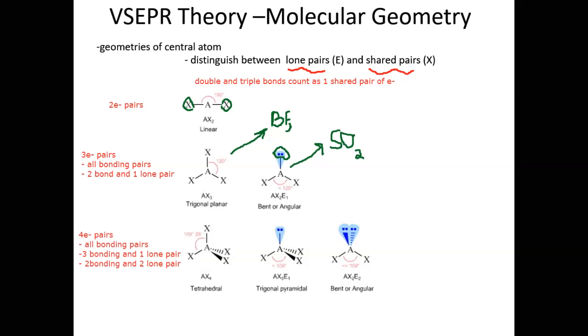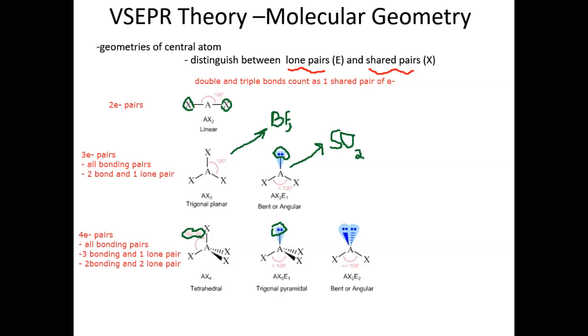And so in the first example, you see that the bond angle for one that has all bonding pairs of electrons, tetrahedral, is 109.5. Now, when we remove one of those bonding pairs and replace it with a lone pair, now the bond angle is a little bit less than 109.